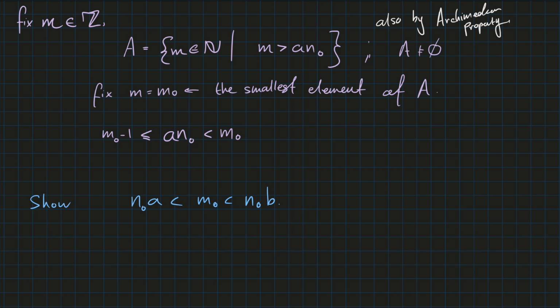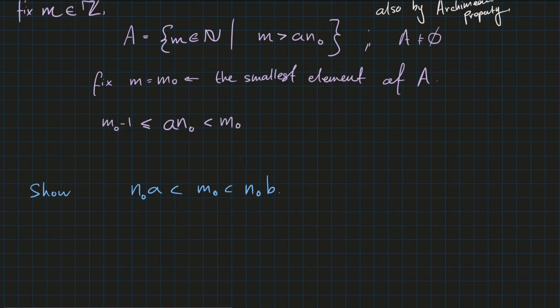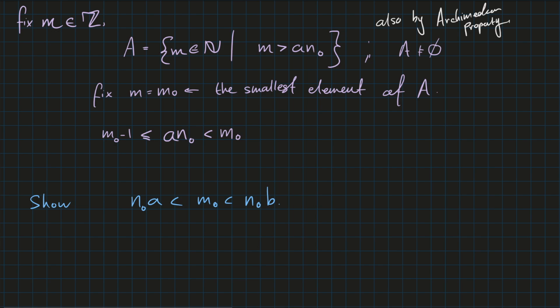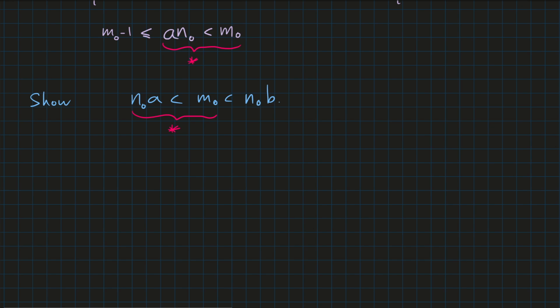This has to be true because m naught was chosen to be the smallest element such that this holds, so the smaller one must be less. Maybe we call that star, it satisfies that, so we're already done with that side.